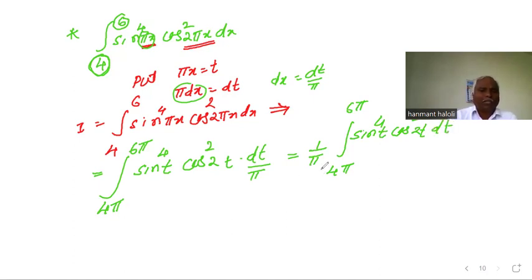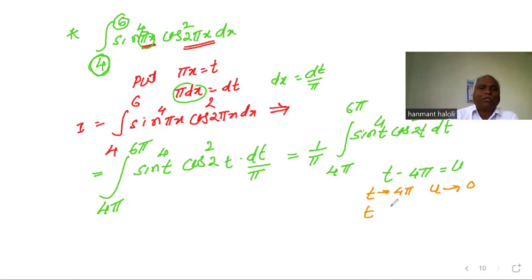Now again for this step you can replace it by the supplementary limit rule. Let t minus 4π equal another parameter u, that is, the parameter minus the lower limit, to get another form. Now how to convert the new limits: when t tends to 4π, u tends to 0, since 4π minus 4π is 0.